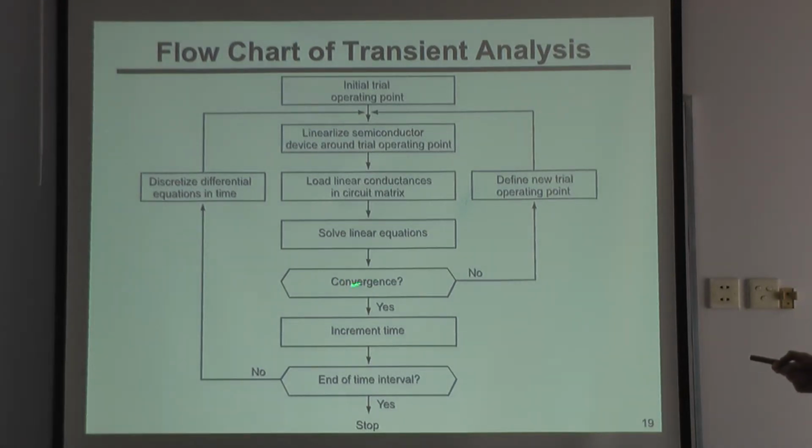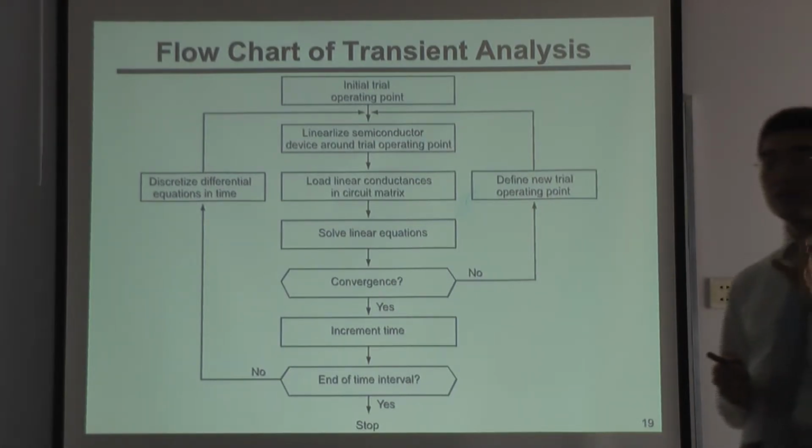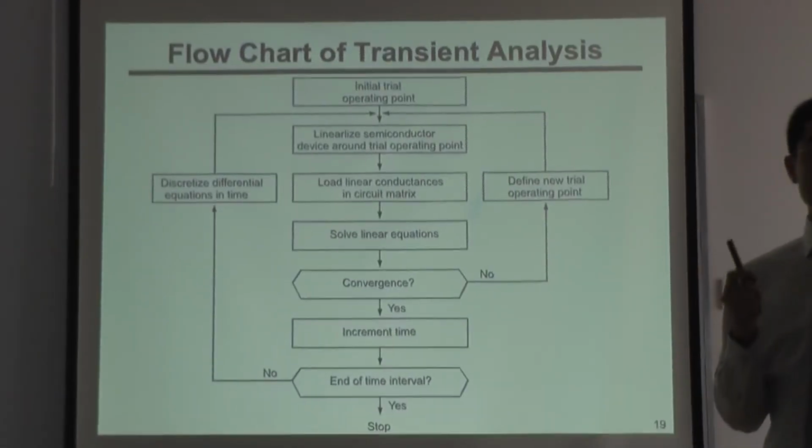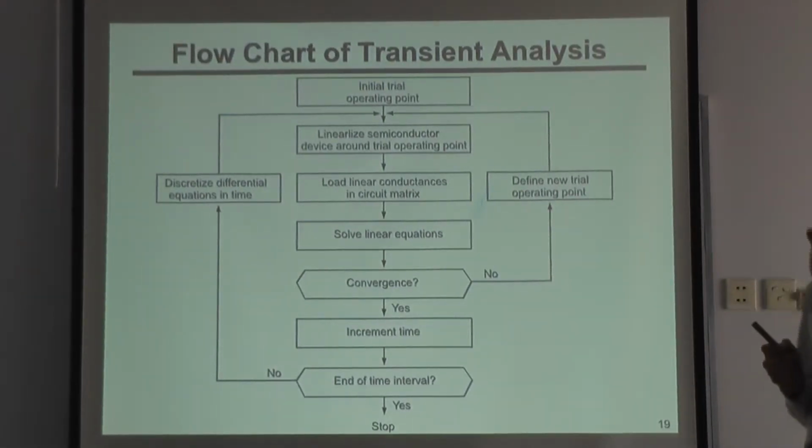And if it is not converged, define the next operating point and iterate like this. And if converged, we can have the voltage and current at that time, and then increment time.